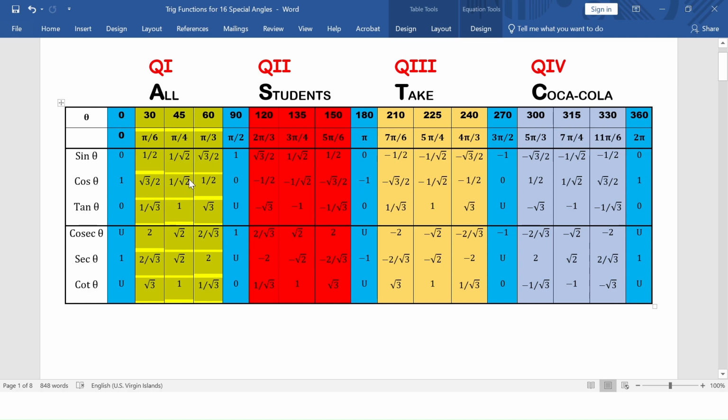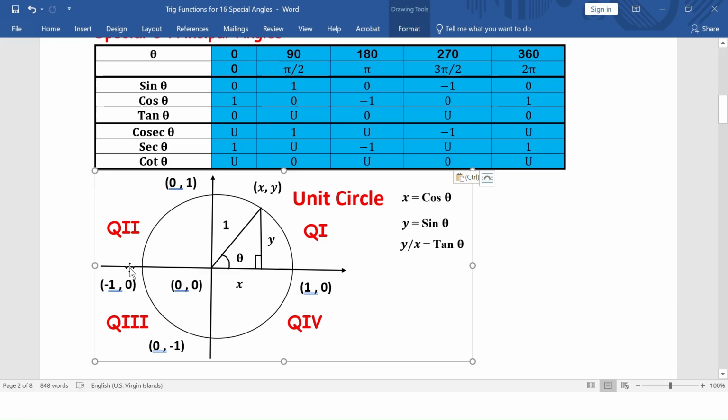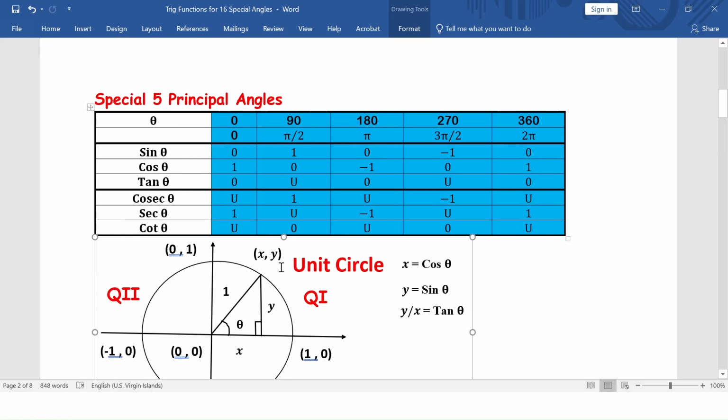Quadrant 1 means the ones which are not on the axis. They are not on these points which intersect the axis, but they are inside here. And in quadrant 2 will go the ones which are here, quadrant 3 the ones which are here, and quadrant 4 the ones which are here, but excluding the ones on the axis, these 5.